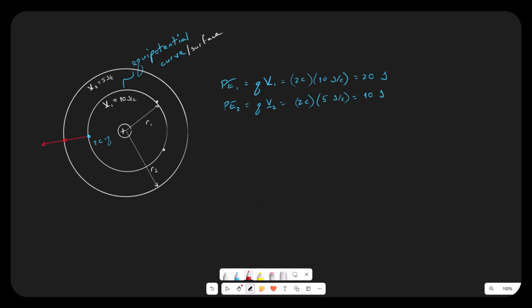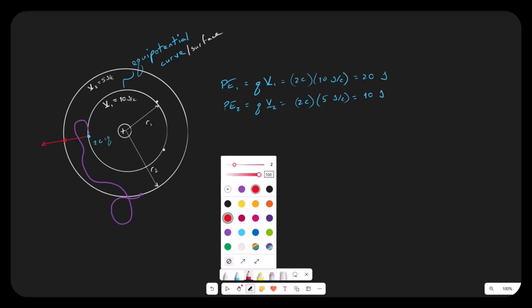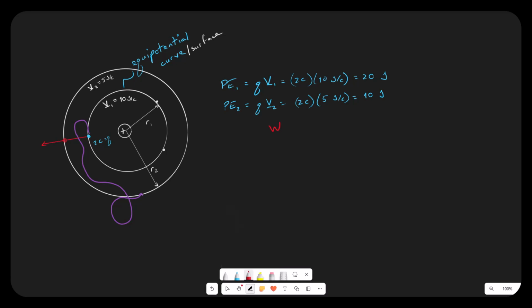If instead I were to make this thing move from here, and I grabbed it and moved it to this location, for this red line, the amount of work done by my electrostatic force is going to be 10 joules. It's moving in the direction that the electric setup wants to move. I don't have to do anything to get it to move that far.